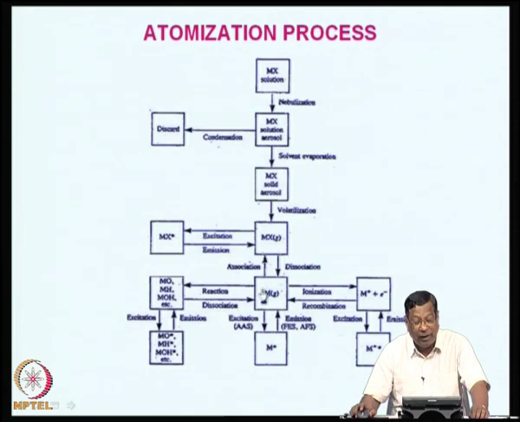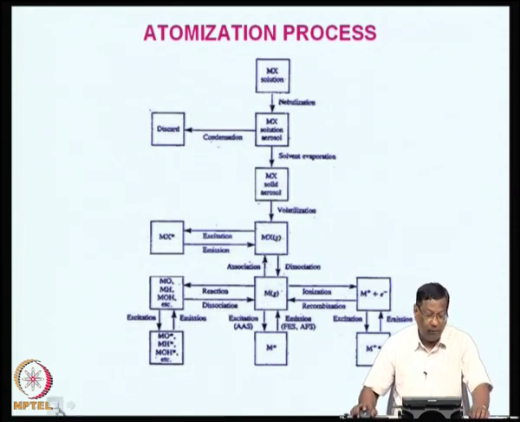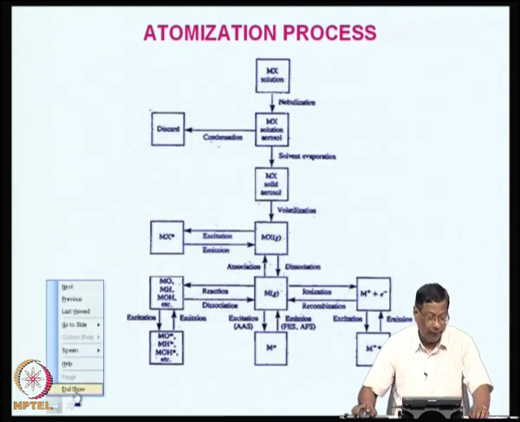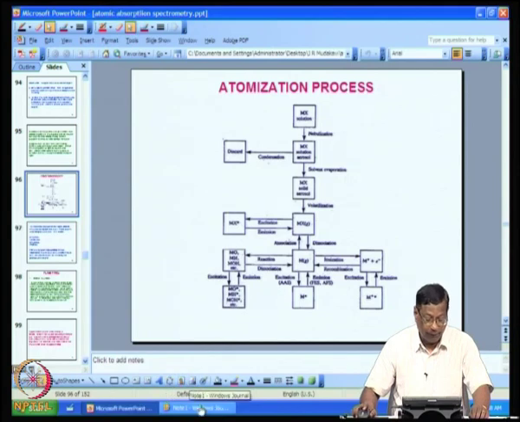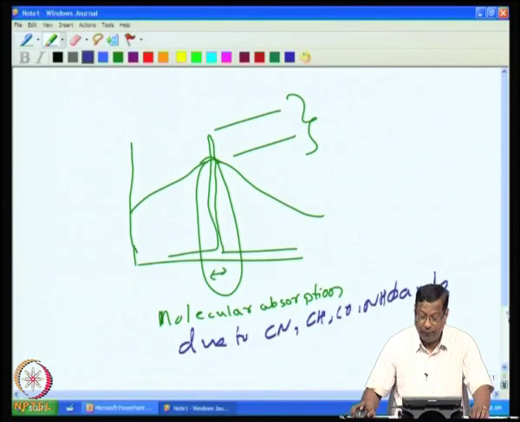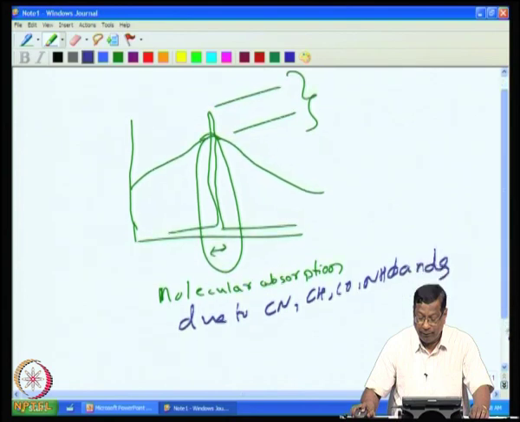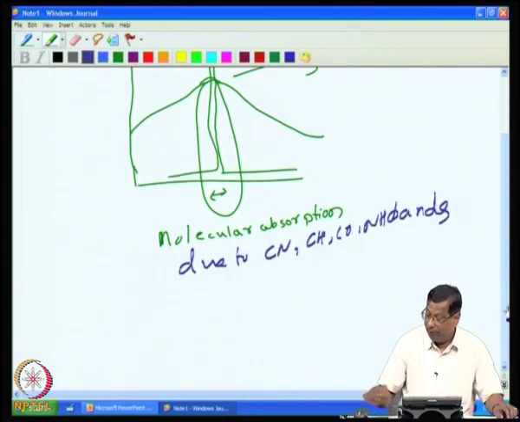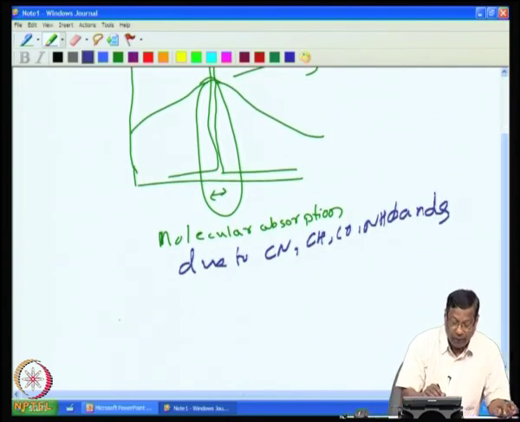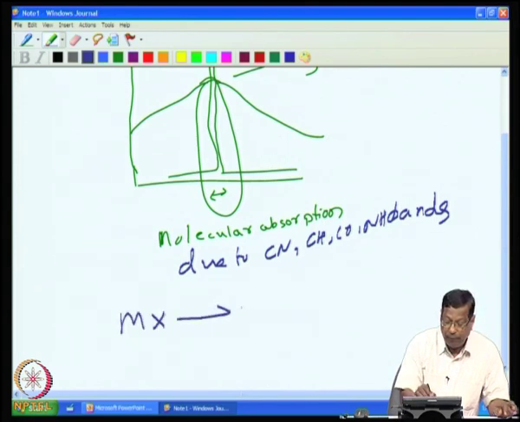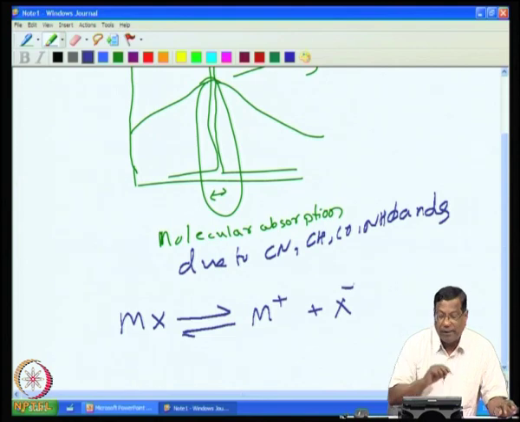It could be, when the MX decomposes, what we have is M plus, X minus.